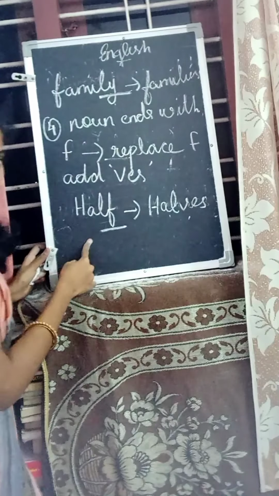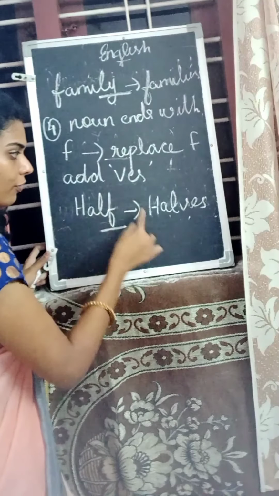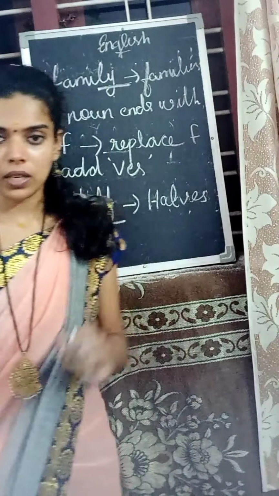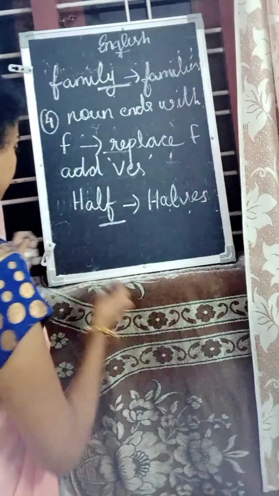So here half ends with F, replace the F and add VES. Halves. The last one is irregular nouns.